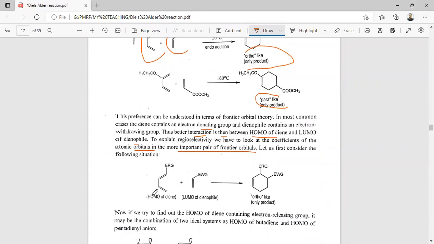So let us consider this situation where the electron releasing group is on the diene at one position and an electron withdrawing group is on the dienophile, to form this ortho-like product.